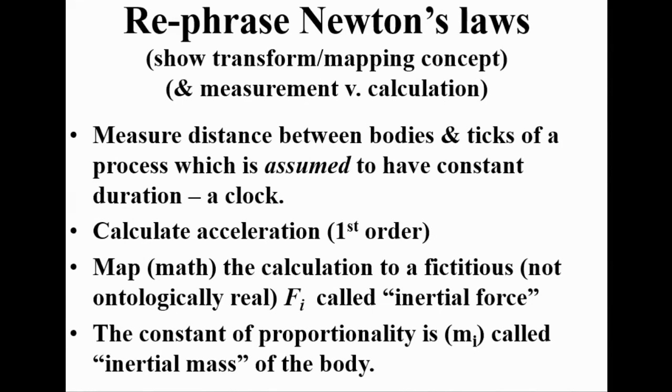Let's start this video with a little introduction about how I'm going to talk about the cosmology. I'll do this by an example of how we can rephrase Newton's laws to show the difference between transformation and mapping concepts and measurement and calculation.